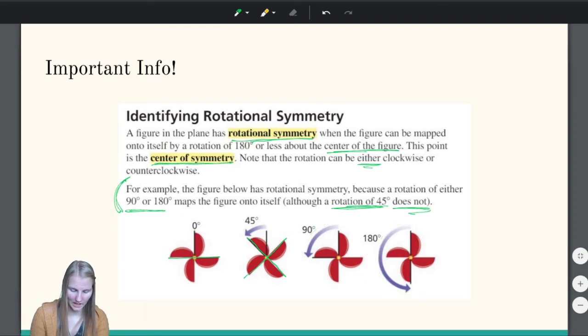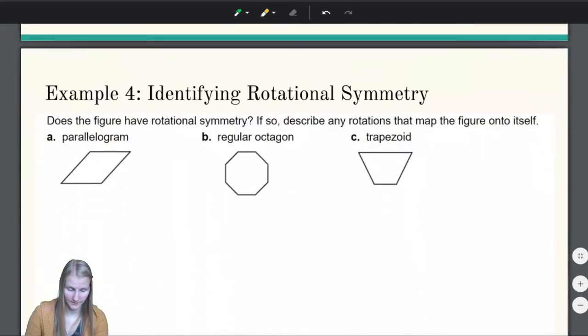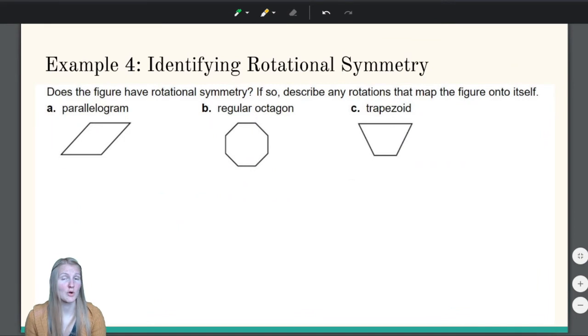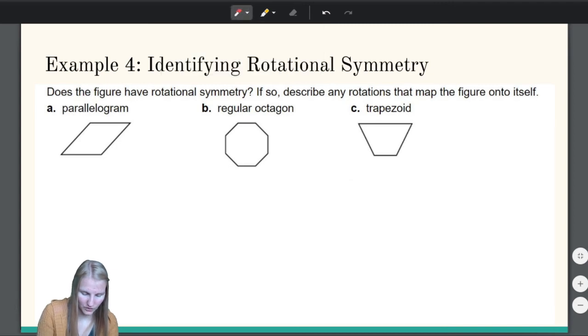So let's try our hand at another example. Identifying rotational symmetry, part of your success criteria. Does the figure have rotational symmetry? If so, describe any rotations that map the figure onto itself. So, first, we'll find the center of each shape.